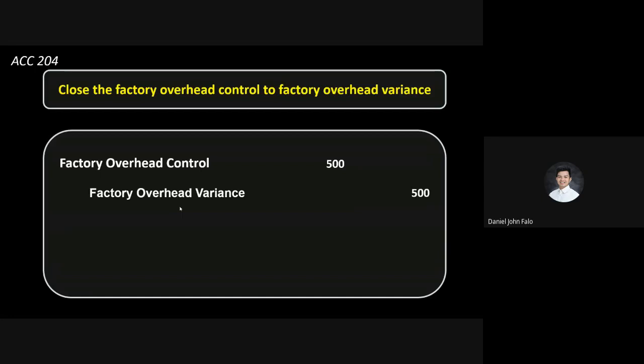So in this closing entry for the factory overhead variance, this is the process in which we are reconciling the factory overhead control and the applied factory overhead, wherein any difference between the two is accounted for, and then it is adjusted on the computation of the cost of goods sold.